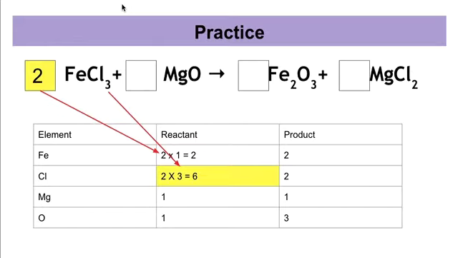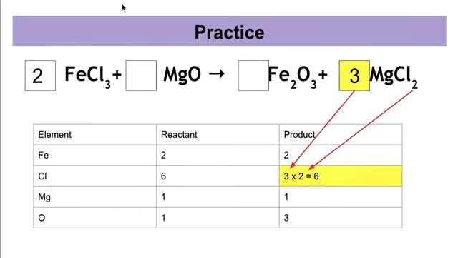So let's move on. Let's try to balance chlorine. Now I'm going to go over to the product side, and if I have 3 molecules of MgCl2, I now suddenly have 3 times 2 chlorine gives me 6 chlorine. I've now balanced my chlorines.